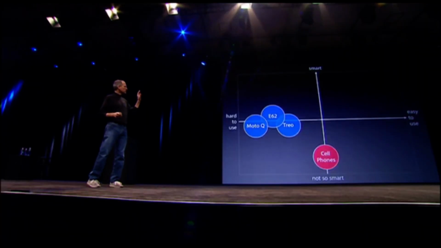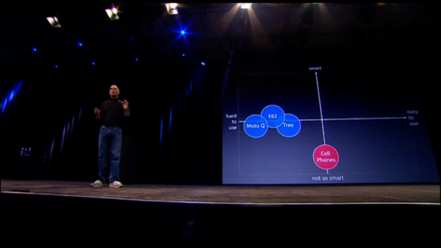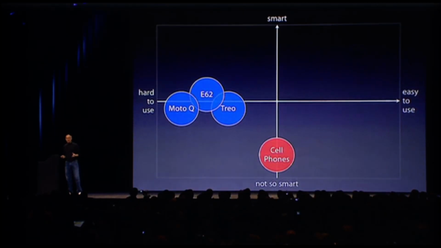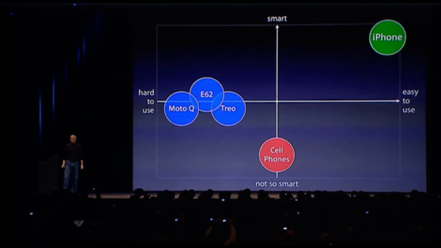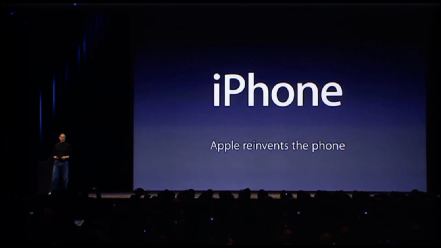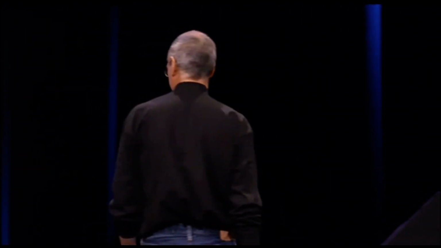Just for the basic stuff, people have a hard time figuring out how to use them. Well, we don't want to do either one of these things. What we want to do is make a leapfrog product that is way smarter than any mobile device has ever been and super easy to use. This is what iPhone is. Okay? So, we're going to reinvent the phone.